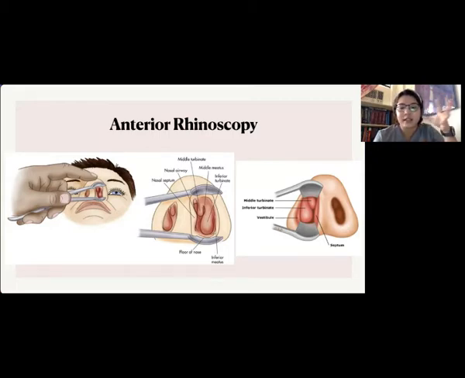But if it does not decrease, it has a pale grape-like appearance. When you palpate with a blunt instrument and it is non-tender, then most likely it is a nasal polyp, because sometimes your turbinate can appear like a nasal polyp.